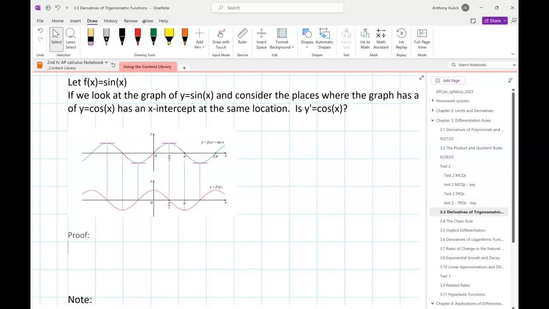How would we prove that the derivative of sine is cosine? We use the definition of the derivative.